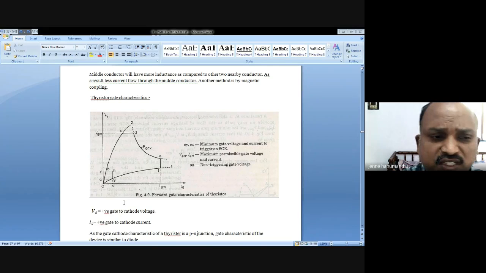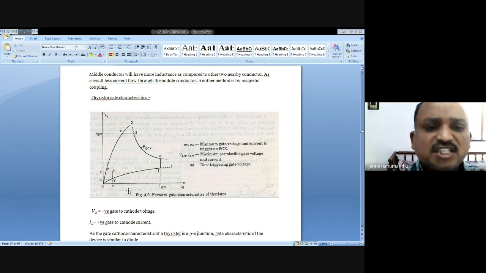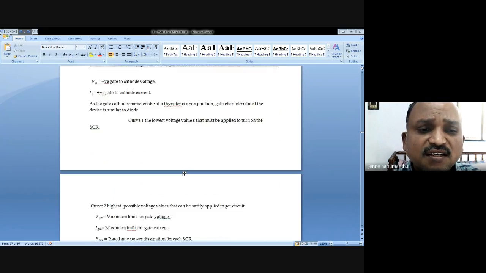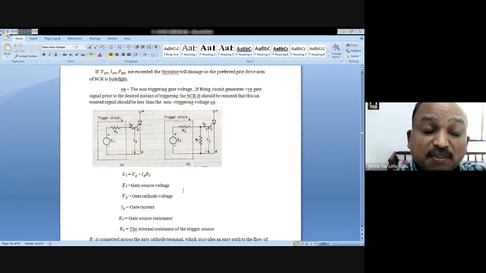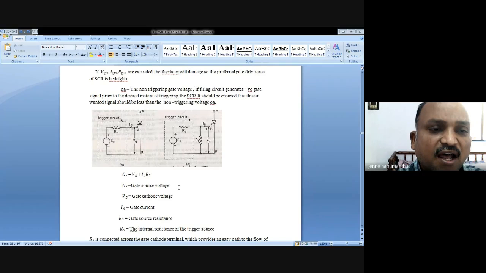So how much voltage is required? VGM, IGM is the maximum voltage. What is the minimum? OY, OX. This much voltage and current is needed. So how do you get this much voltage and current? That much voltage and current can be obtained by connecting resistor R, or resistor R and inductor L, or with an RC connection.